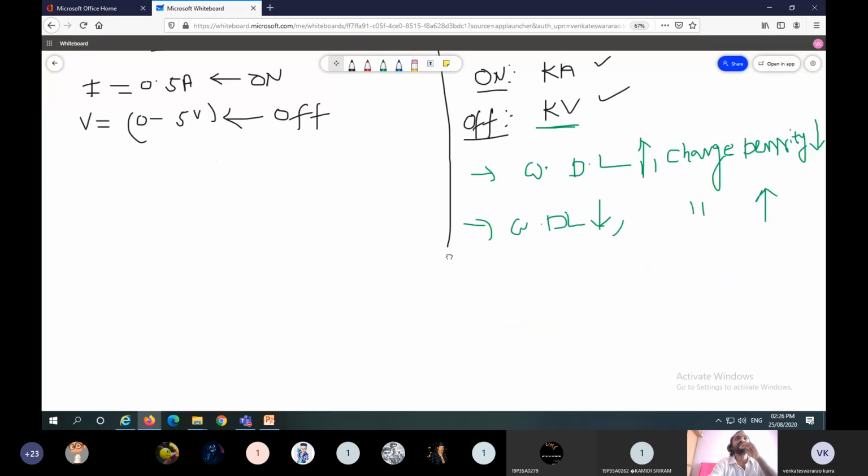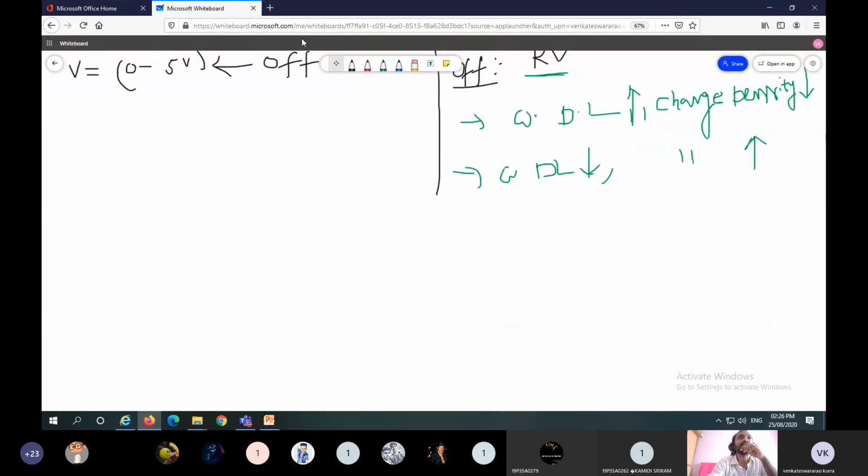Suppose you take the construction of a diode. A diode is formed by the joining of two extrinsic semiconductors, p-type and n-type. The majority carriers in p-type material are holes, and the majority carriers in n-type material are electrons.